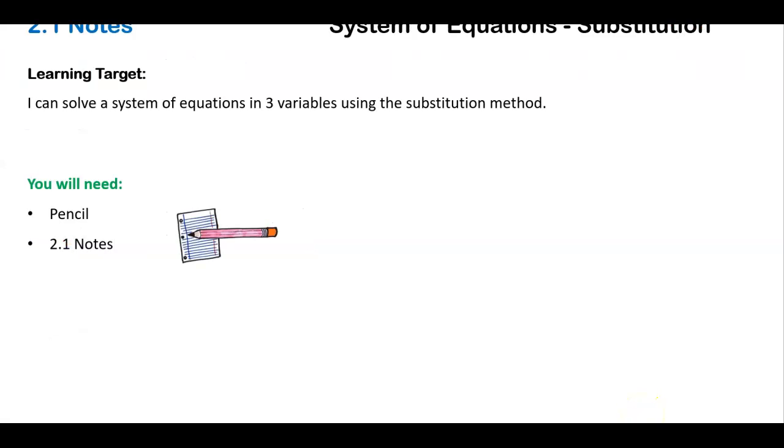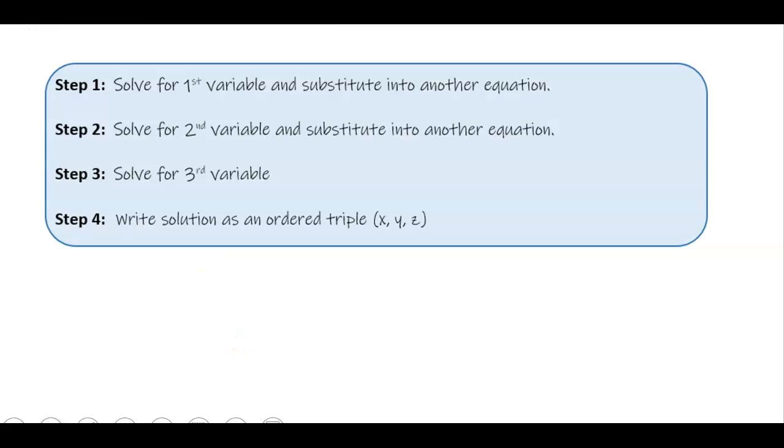Okay. So again, this might seem tough or discouraging, but stick with me. We're going to make it as easy as we can. Okay? So x, y, and z. Yes, we do have a third variable today. We have z's. Okay. These are our steps. So the first step is to solve one equation for one variable.